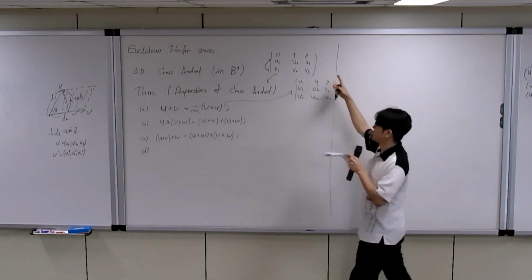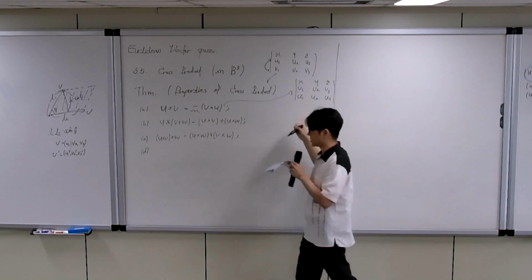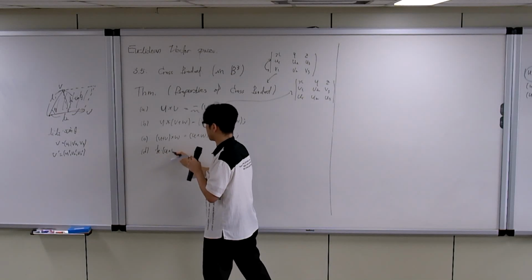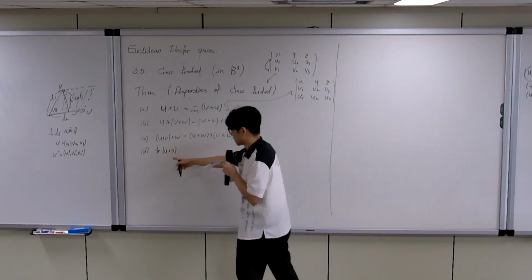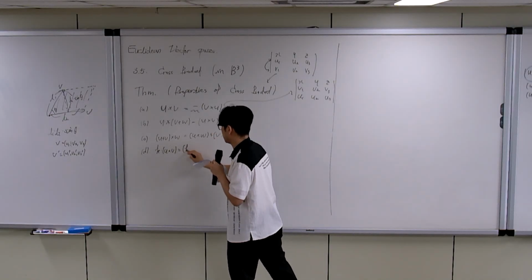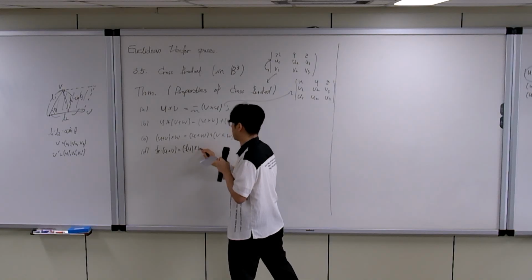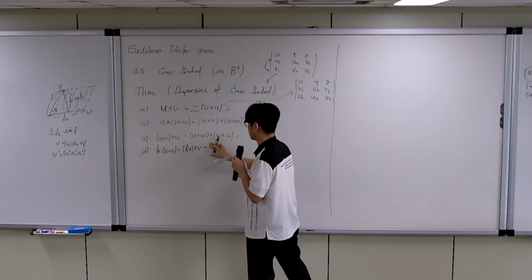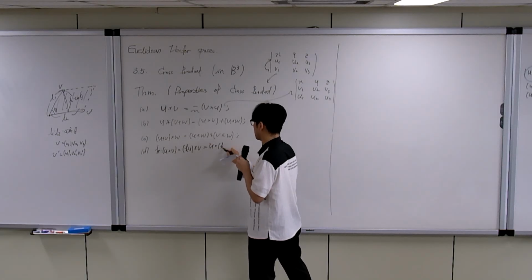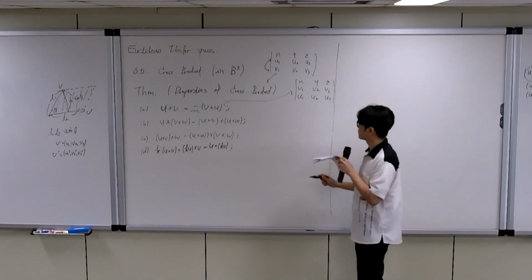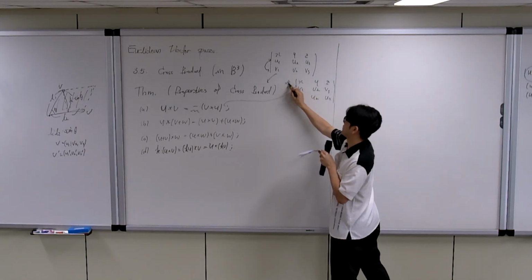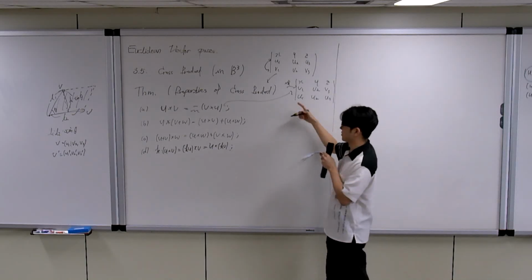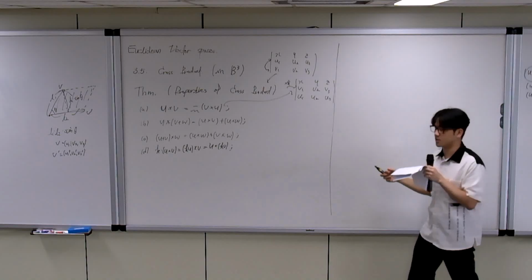In the determinant sense also, if you calculate the scalar multiplication k times U cross V, it gives the same value, because multiplying k to one vector gives k multiplied to the determinant.